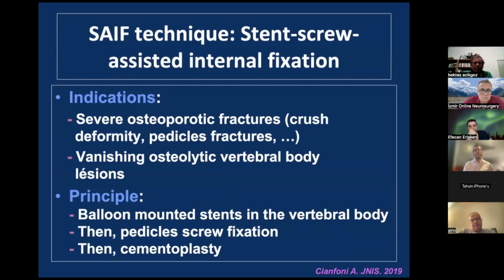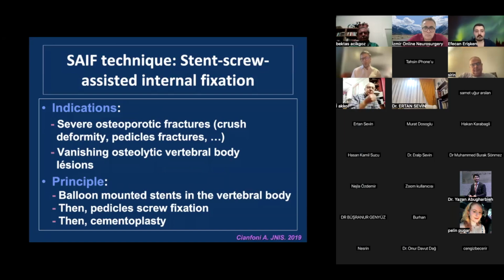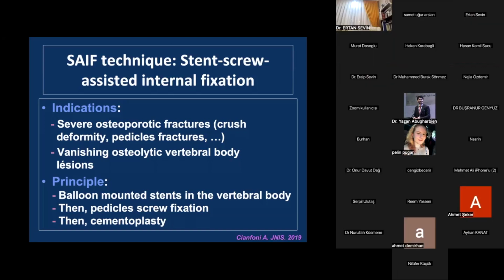It could be either a severe osteoporotic fracture with a crush deformity or pedicle fracture associated with the vertebral body fracture. And we could also use this technique for vanishing osteolytic vertebral body lesion. So when you have a lesion which destroys almost all the vertebral body, it could be a good option to use this technique instead of the regular vertebroplasty.